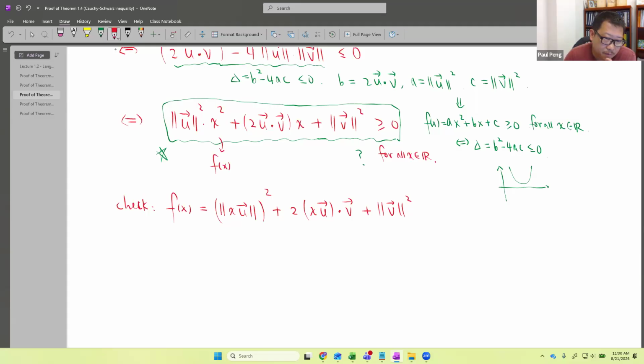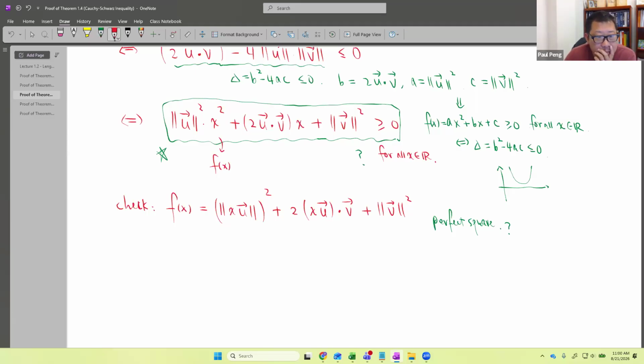So I can get something like xu, and then v. Do you believe this is a perfect square formula? So this plus that is a little bit different, but it is true.